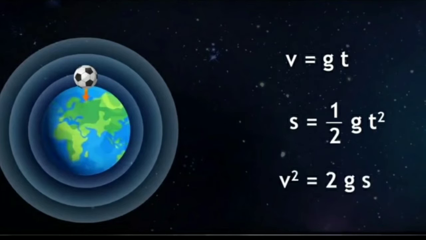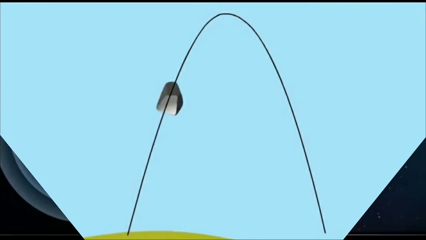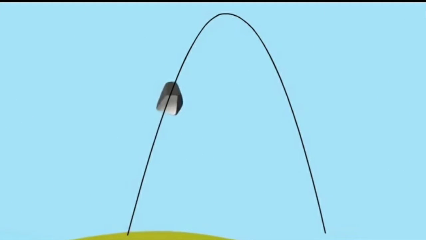Okay, children? For calculating the motion of an object thrown upwards, acceleration is negative. Why? Because it is moving in a direction opposite to the velocity, and therefore it is taken to be minus g. The magnitude of g is the same, but the velocity of an object decreases. Why?